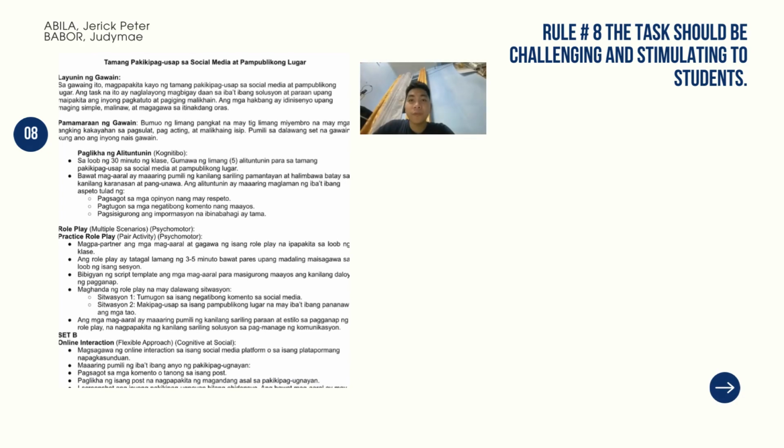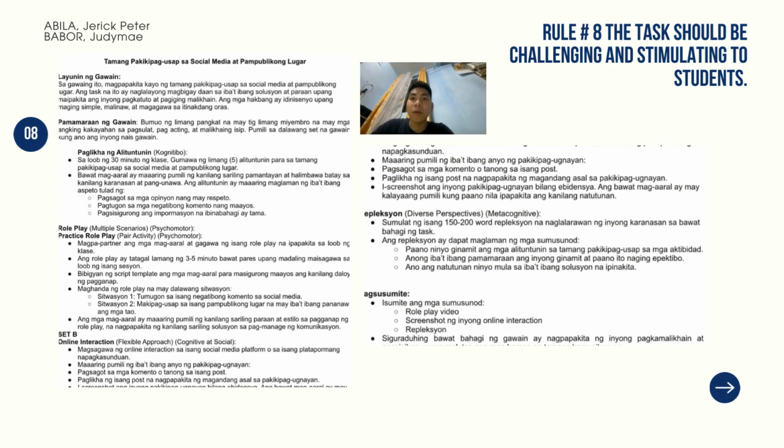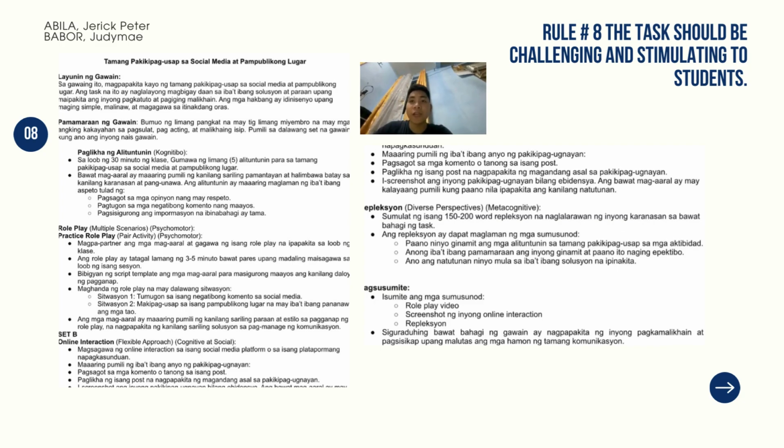So in our improved item, in number 8, we have now a clear, challenging, stimulating task. So in pagsumite, we have added bullet 2, which is siguraduhing bawat bahagi ng gawain ay nagpapakita ng inyong pagkamalikhain at pagsisikap upang malutas ang mga hamon ng tamang komunikasyon.